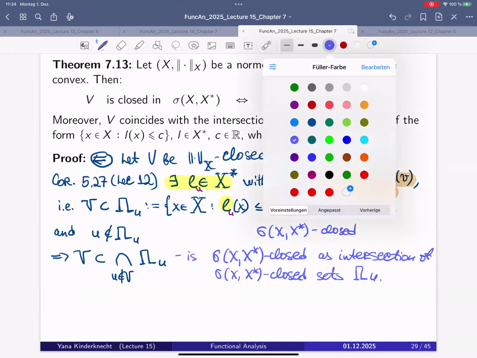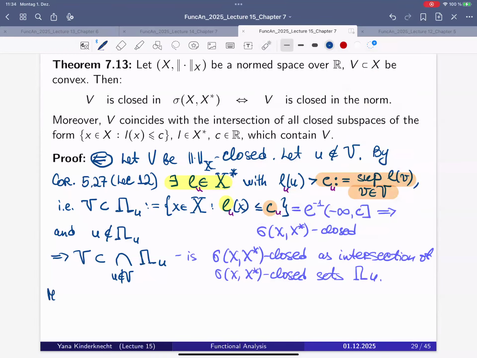Moreover, we see that V complement intersected with this nice set PU is an empty set.